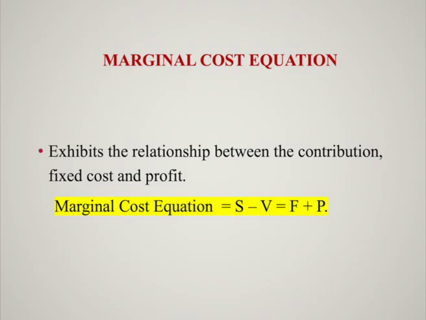Contribution means what? This is the marginal costing equation: sales minus variable cost is equal to fixed cost plus profit. What is the meaning of contribution? Contribution is the difference between sales and variable cost.